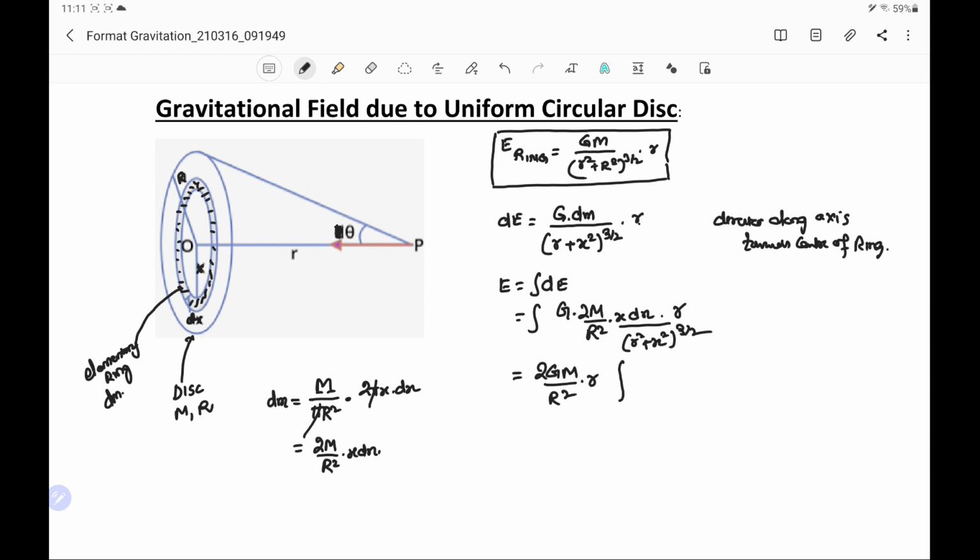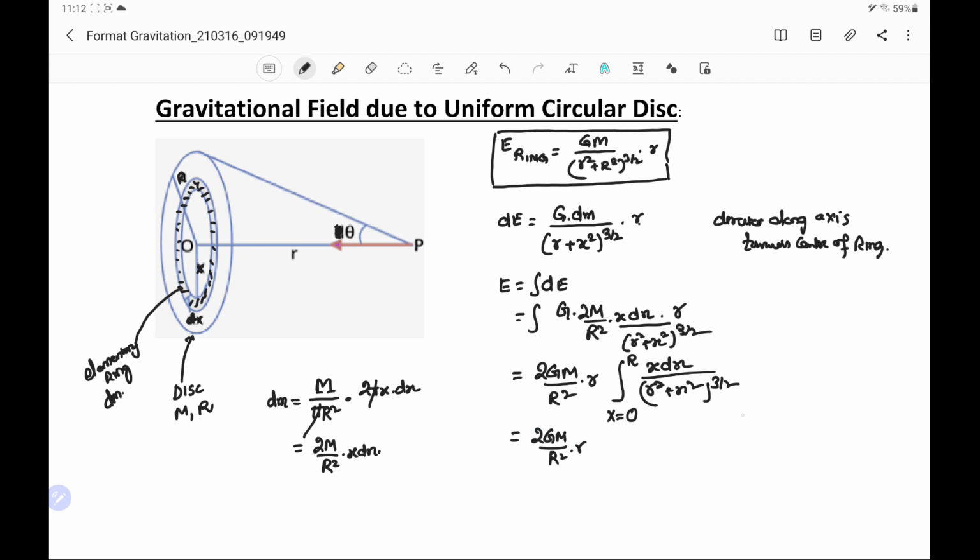The only variable term is x dx by (r square plus x square) raised to the power 3 by 2. Here x is variable and we have to integrate this to cover the whole disk. We will take x equal to 0, that is the center, to x equal to R, that is the outermost point of the disk. So 2GM by R square into small r.